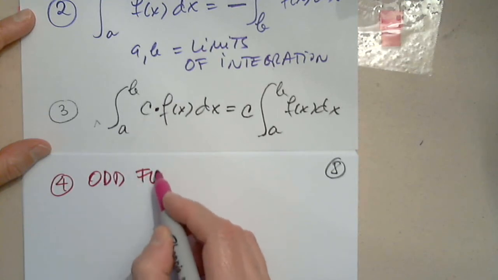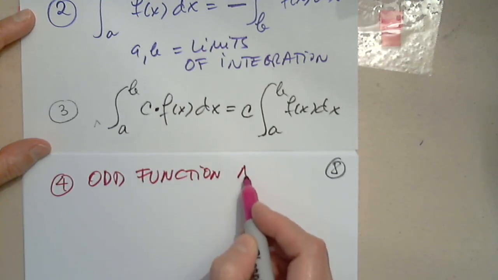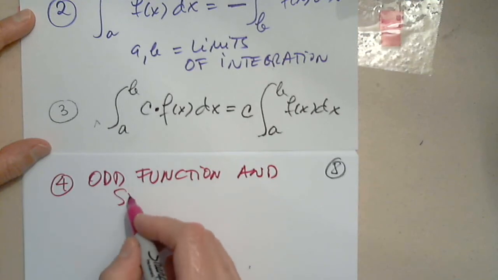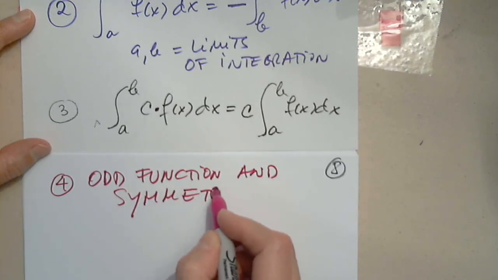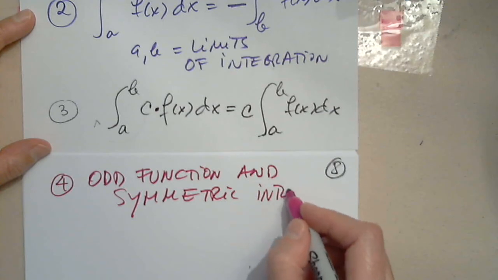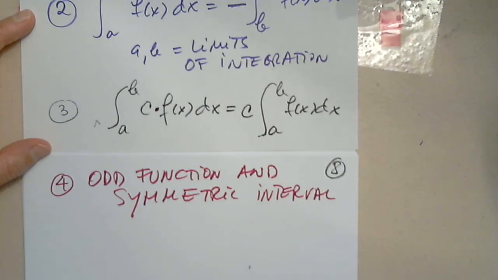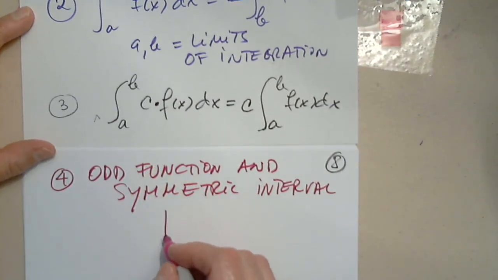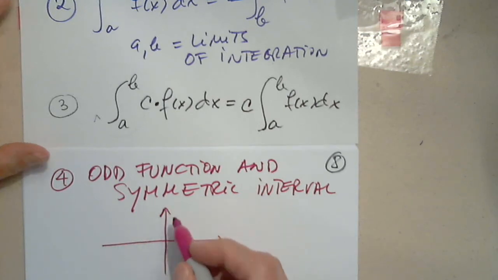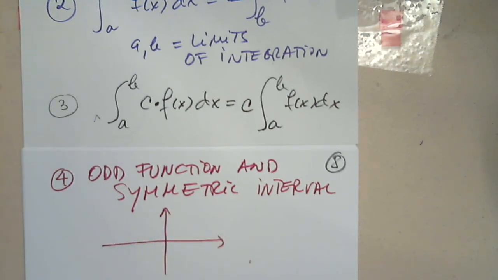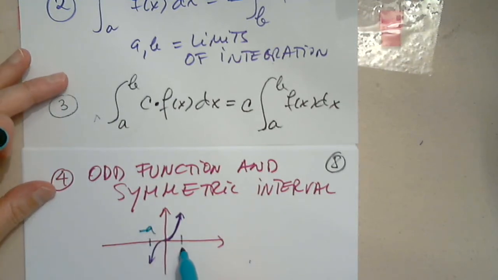So number four, odd function and symmetric interval. If both conditions are fulfilled, let's take a look. So I'm going to graph an odd function, very popular odd function. And I'm going to create a symmetric interval between negative a and positive a.